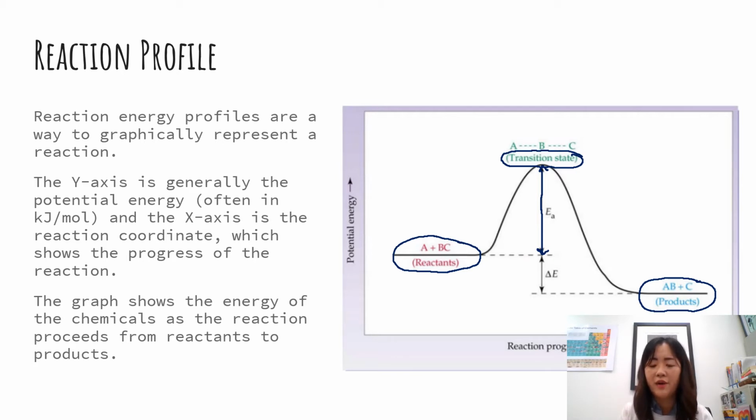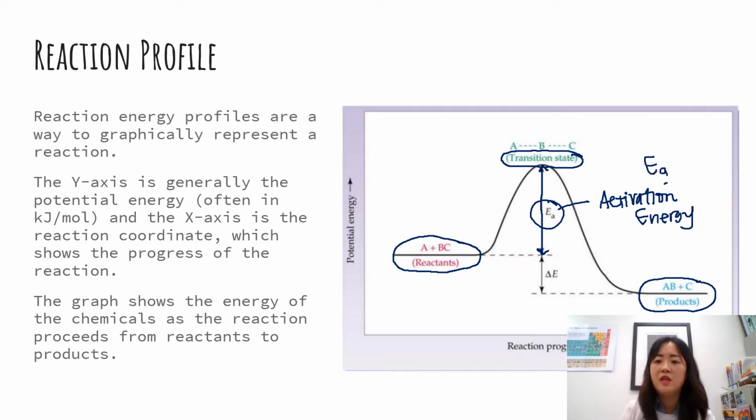This difference between the reactant energy and the transition state, we call our activation energy, which you've seen before. It's just the energy of activation, E sub A, what you're seeing over here. This is the energy that the reactants need to overcome in order to make it over to the product side.